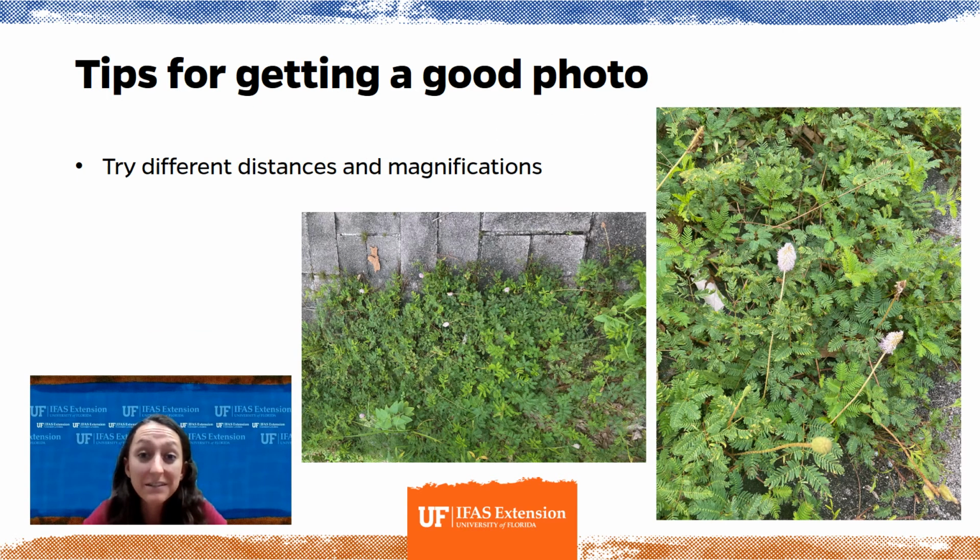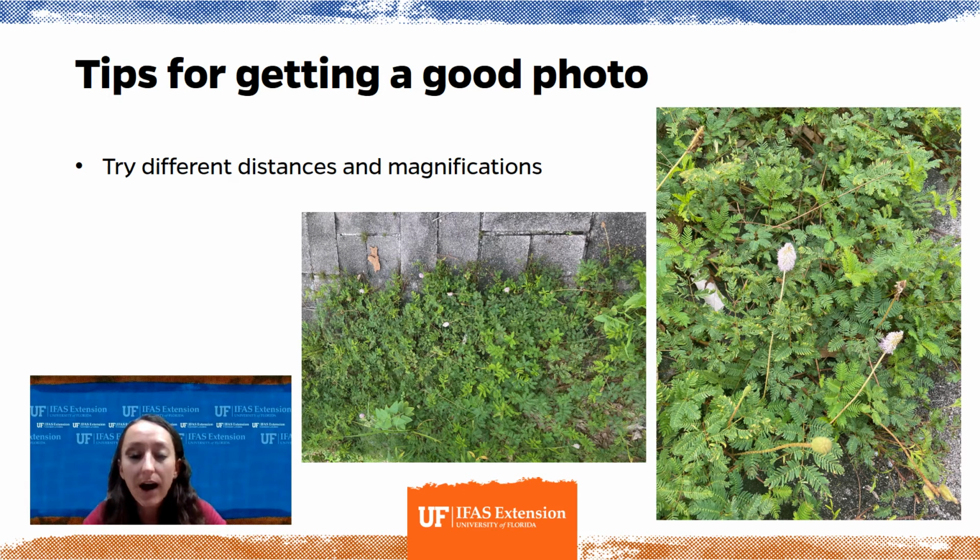So another trick is to play around with your distance and magnification of the photo for better identifying characteristics. For example, if you take a picture from far away, you may not be able to see all the details you need, though this may provide some context clues as to where your plant or specimen is. But if you take a closer up picture, you may be able to see what you need to identify the specimen.